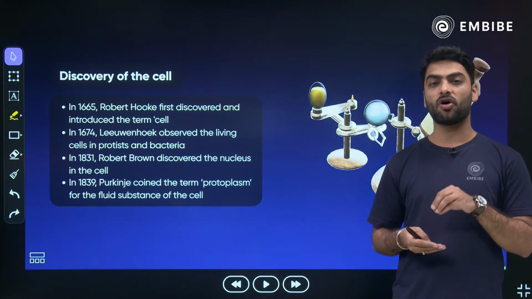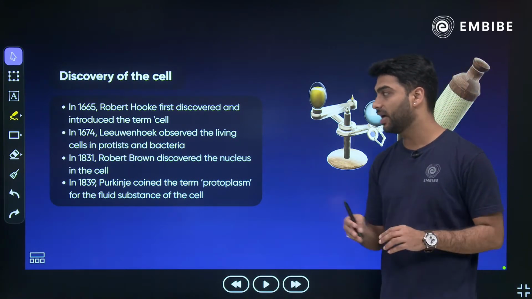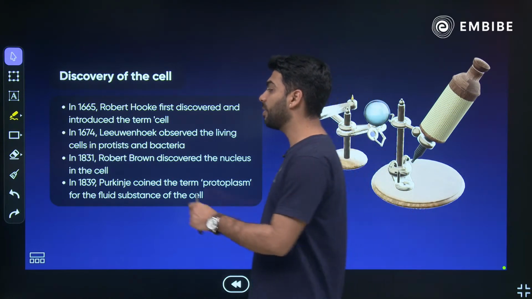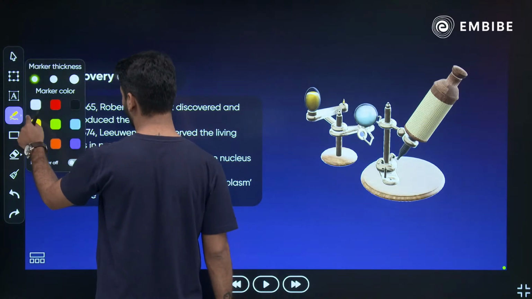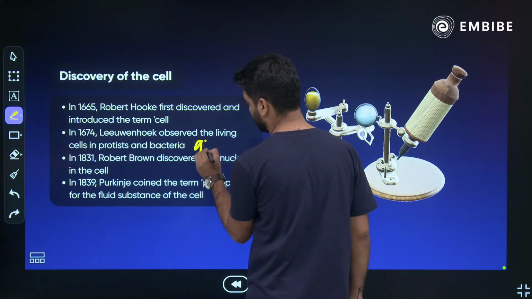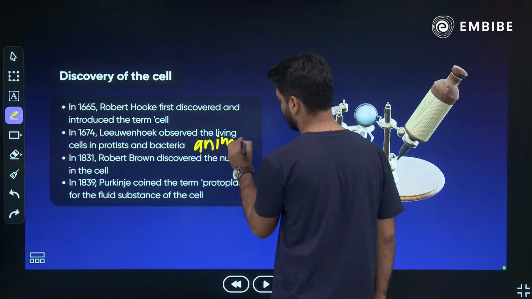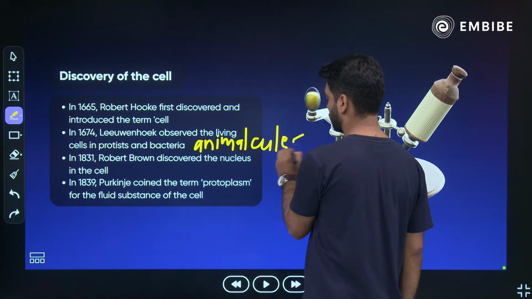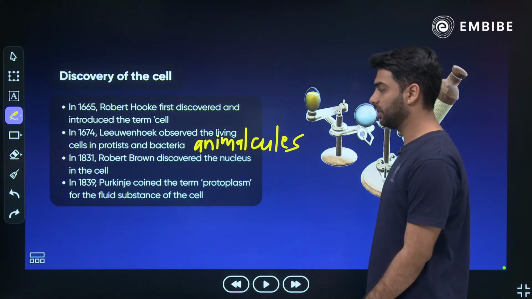He saw the cells of the mussels, he saw the bacteria, and because they looked like small animals, he called them animalcules. Okay? He called them animalcules.